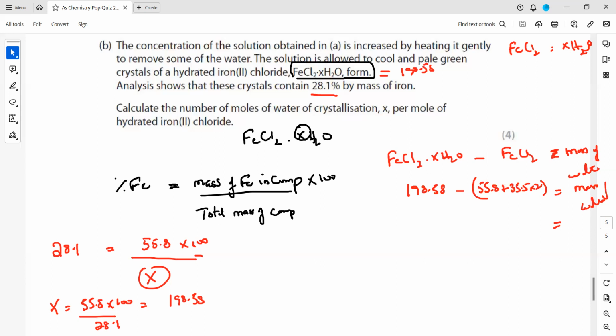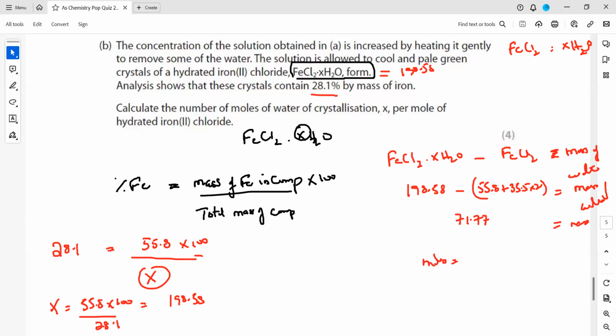When we simplify, the mass of water will be 71.77. Now we got the mass of water, 71.77.